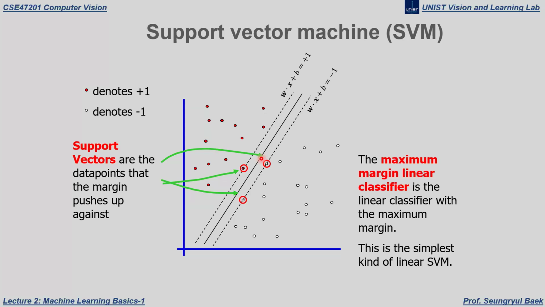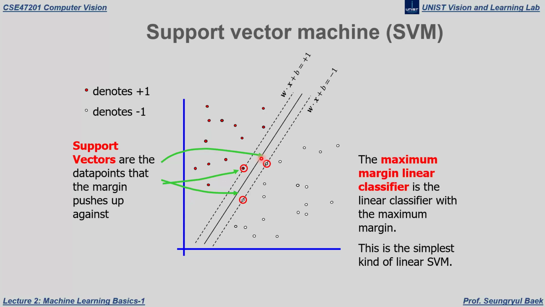For a different boundary, you can also get these two as support vectors, okay? You calculate this margin, and you decide the final straight line that can divide these two distributions as the one whose margin is maximized. Okay, that's the support vector machine. Are you guys following this?